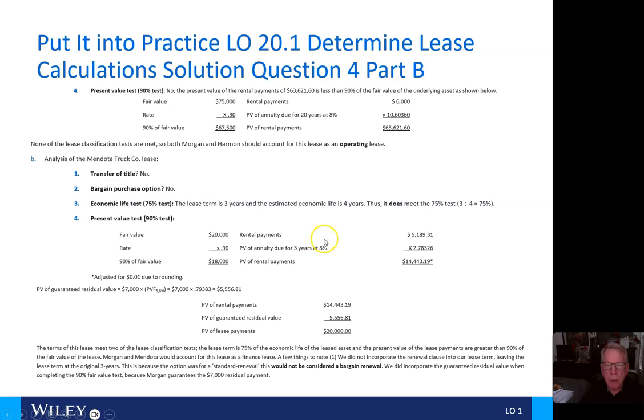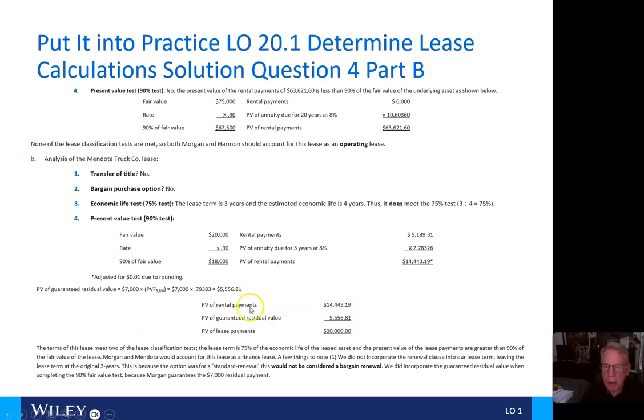And then the rental payments were $5,189.31, and the present value of an annuity due for 3 years at 8%, that factor is 2.78326, and that gives me the present value of the rental payments of $14,443.19. Okay, so the present value test is not 90% either.